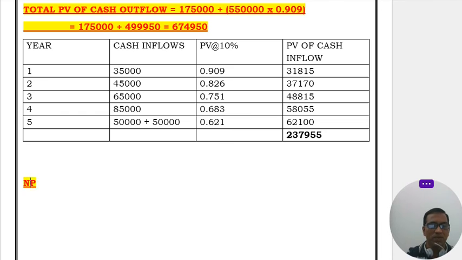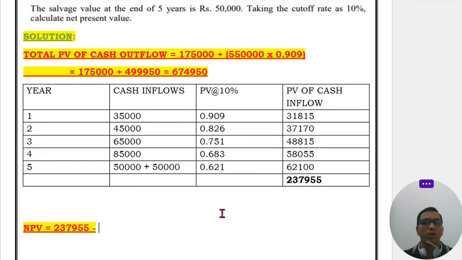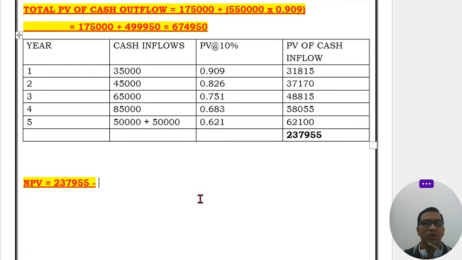And calculate NPV is equal to, you know already, total PV of CFAT 237,955 minus total PV of cash outflow, that is 674,950. We got a negative value, that is 436,995 is negative NPV.